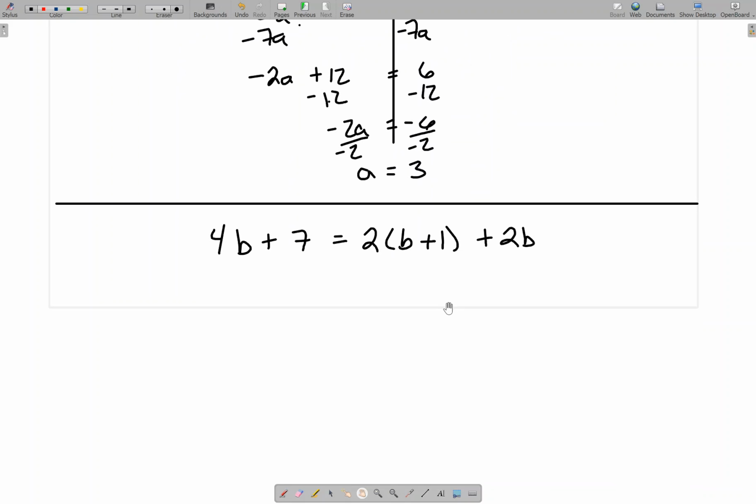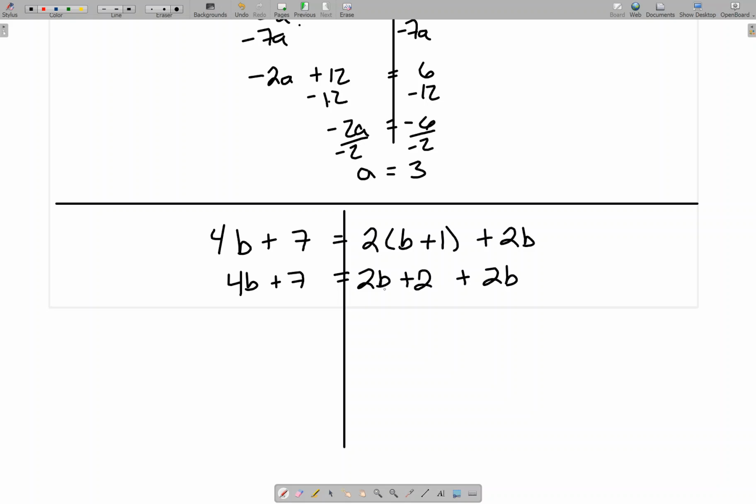So step number 1, I'm going to distribute. I'm going to draw my line down here. So on the right hand side this becomes 2b plus 2 plus 2b equal to 4b plus 7.